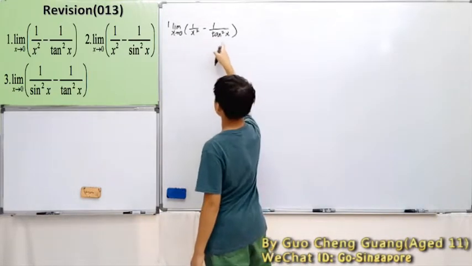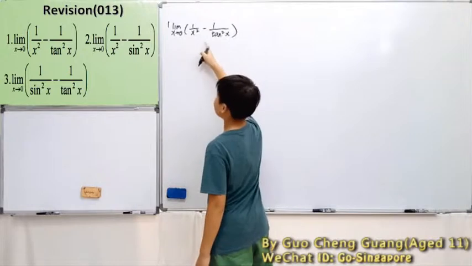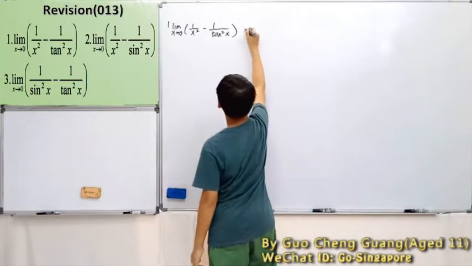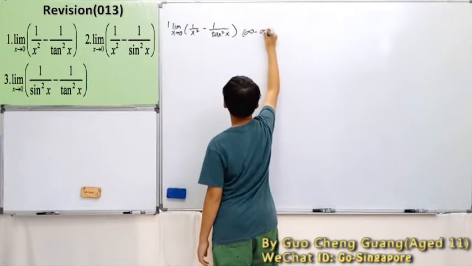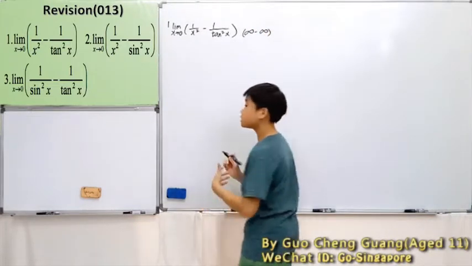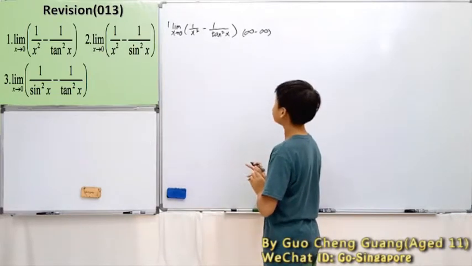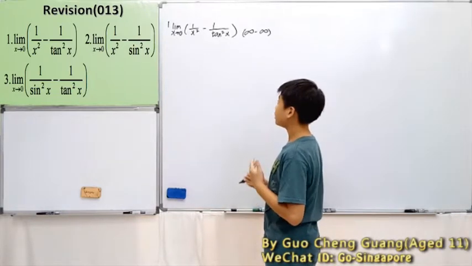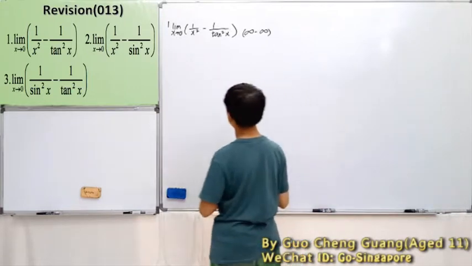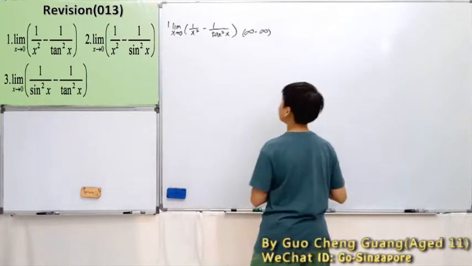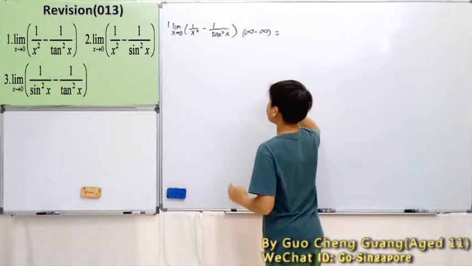When you substitute 0 in, you get infinity minus infinity. So that's the indeterminable form. That means we cannot straight away substitute x in. So we have to use different types of methods to help us. Let me try a bit.